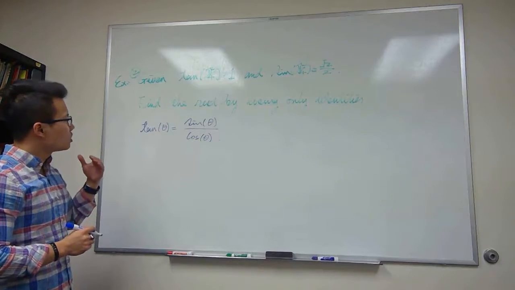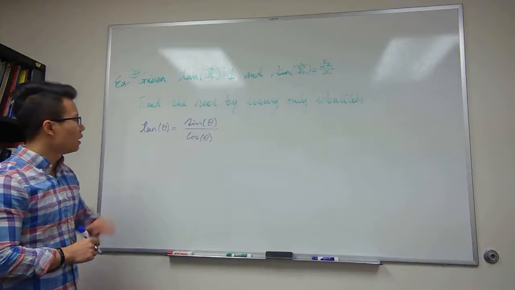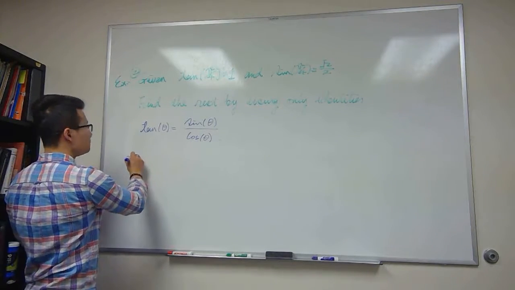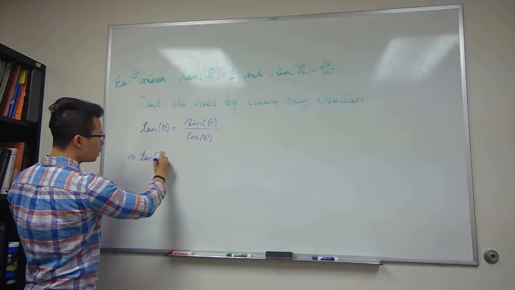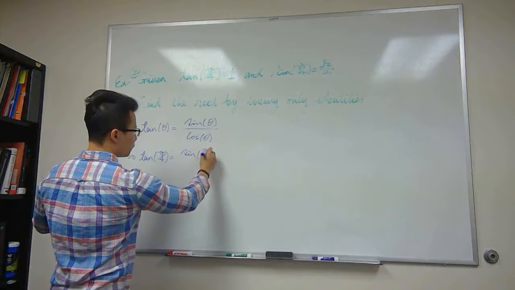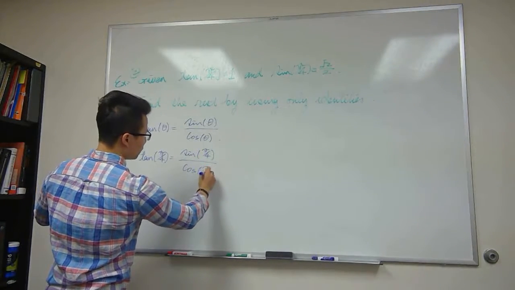So if we just plug in all those numbers we already have, we should be able to solve for cosine theta. So that is tangent of pi over 4 equals sine of pi over 4 divided by cosine of pi over 4.